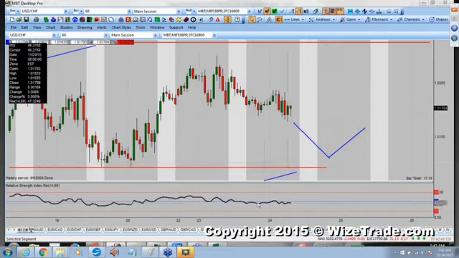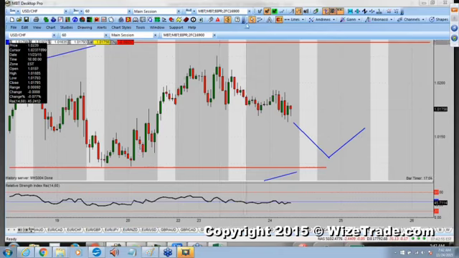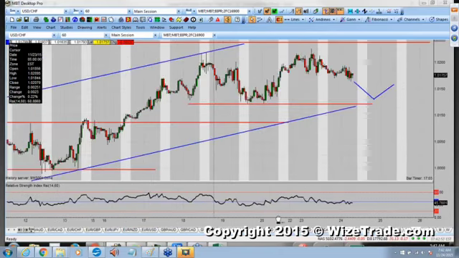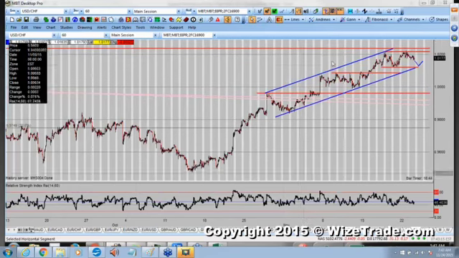So 101.20 if we can get it. That should be key support. Resistance right now is 102.20. I know we've been as high as that spike high, but here, I'm just grabbing these lines. Very, very well, very orderly channel higher.